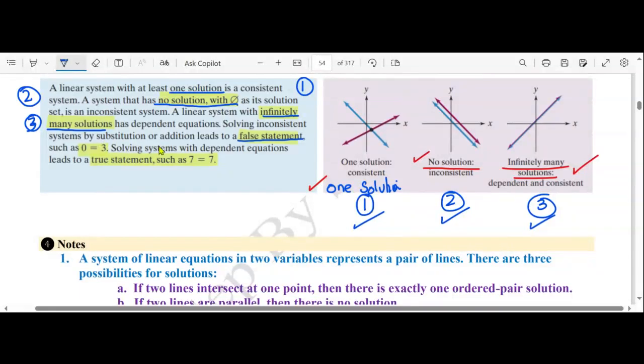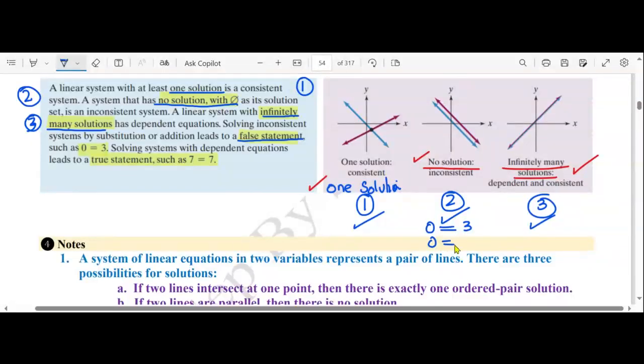Solving an inconsistent system by substitution or addition leads to a false statement, such as 0 equals 3. So if you are solving by substitution or elimination or addition, the results will not show in a graph. The result will show like this, 0 equals 3.